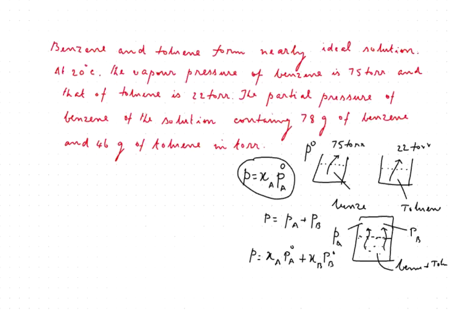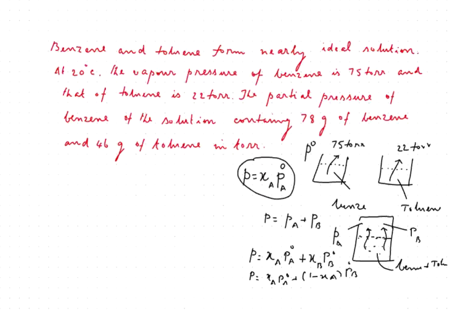Even this equation can also be written as P is equal to XA PA0 plus 1 minus XA, because 1 minus XA will give you XB, into PB0. The same equation can be written like this also.